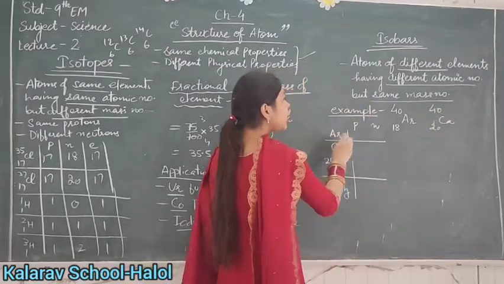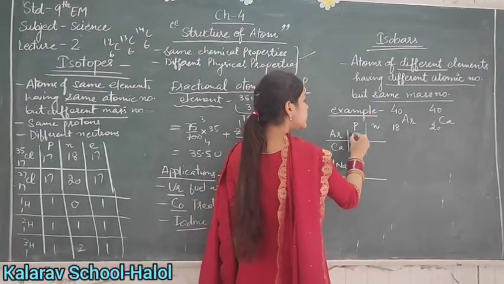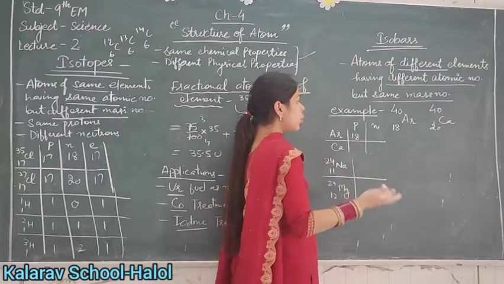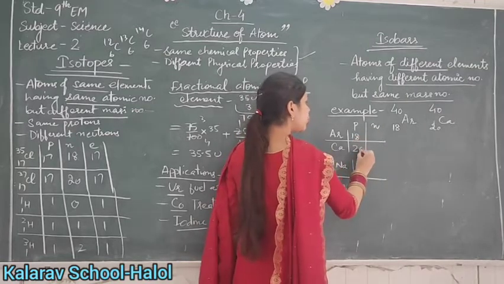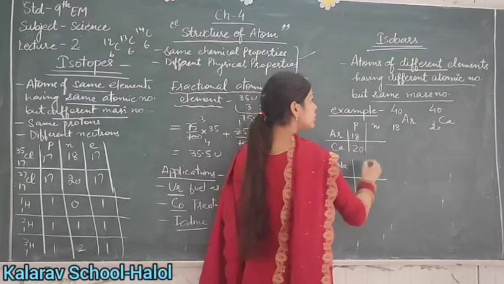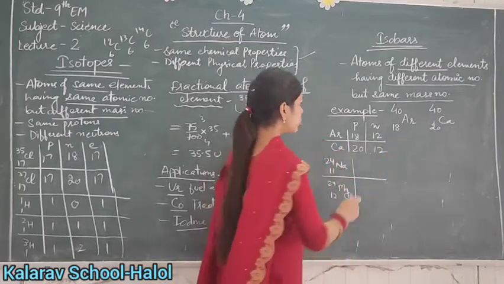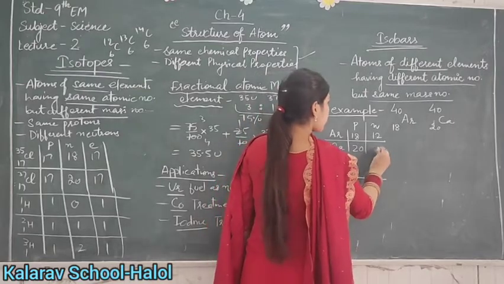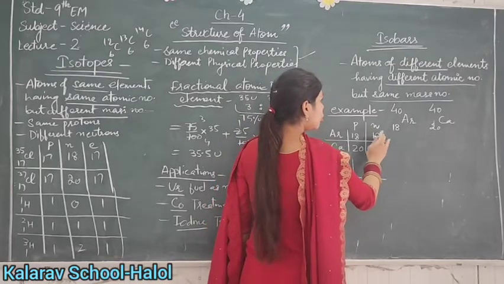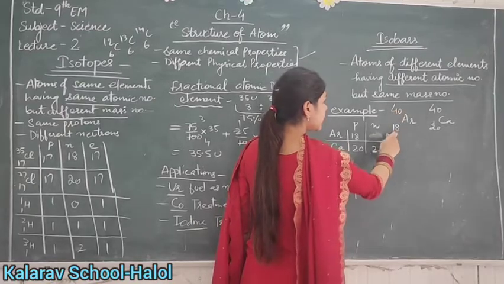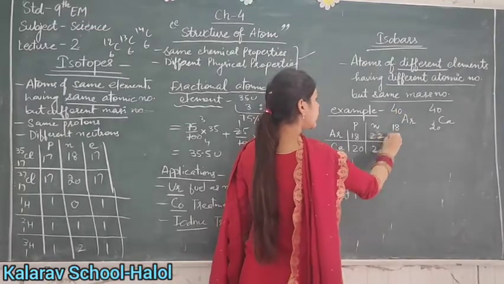How many protons does argon have? 18. How many protons does calcium have? 20. And how many neutrons do they have? They have the same number of neutrons. You can see here, neutrons are 40 minus 18, that is 22.